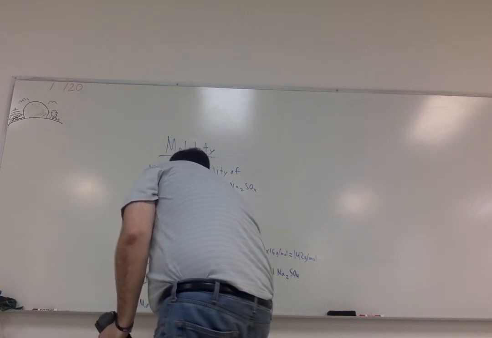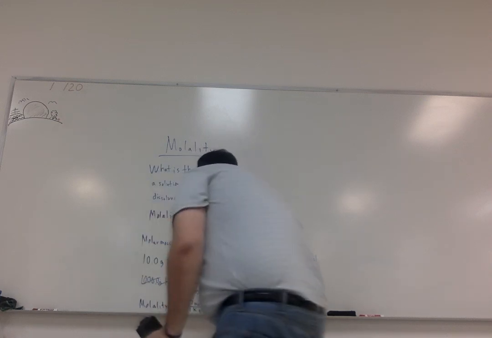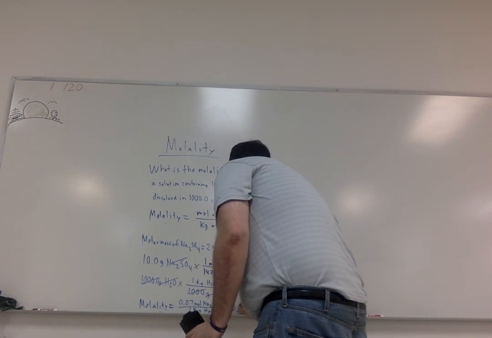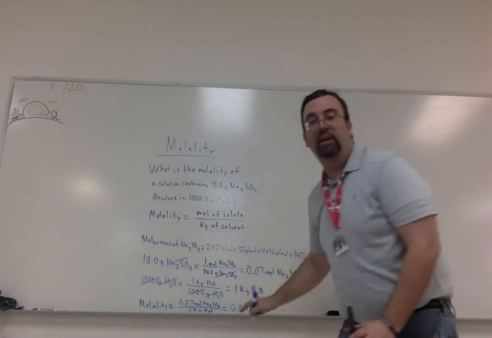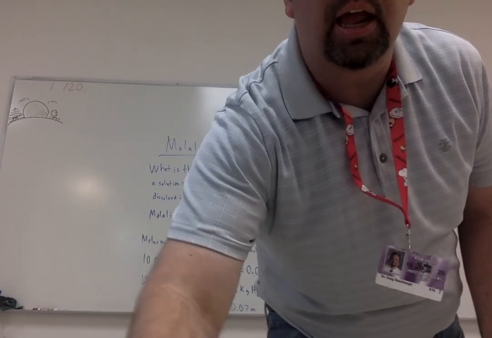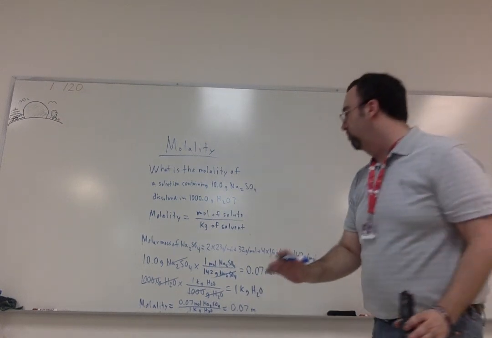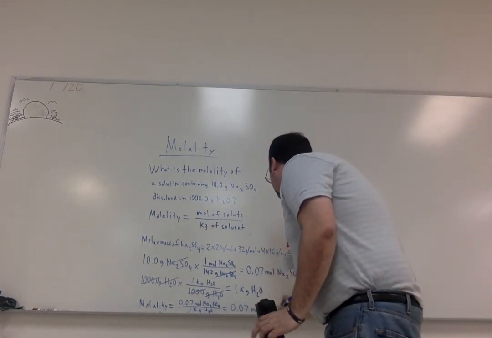We divide it by 1 kilogram of water, and so we end up getting 0.07 molal. We use the lowercase m for molality, and this is going to be Na2SO4.